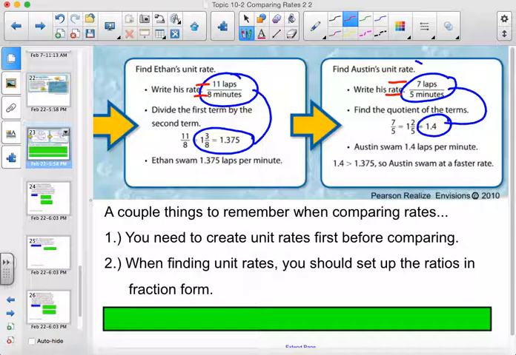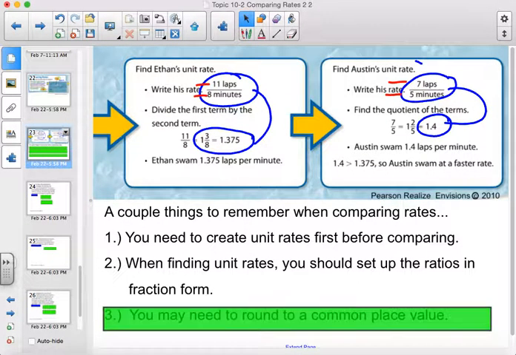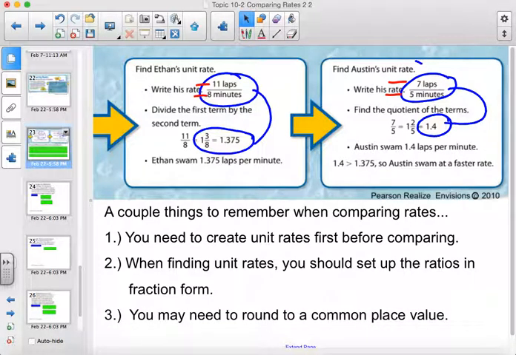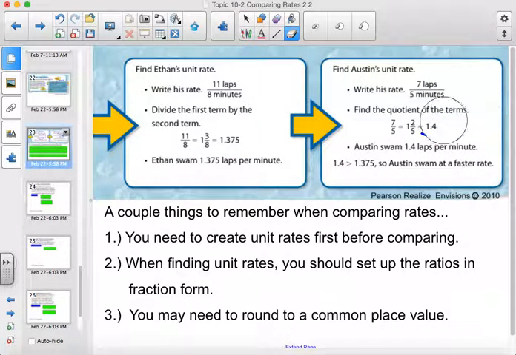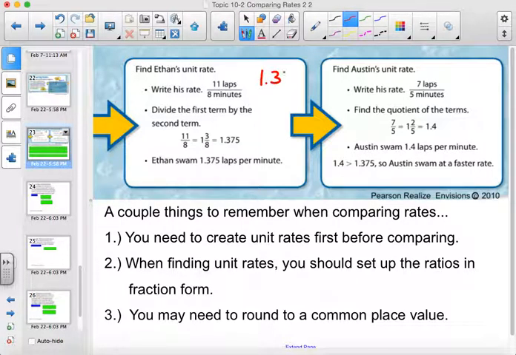It makes it much easier to remember that you're dealing with a division situation. And the third thing is you may need to round to a common place value. In other words, in this situation, we were going to end up comparing 1.375 to 1 4/10.